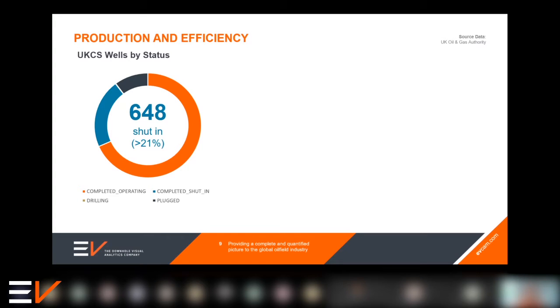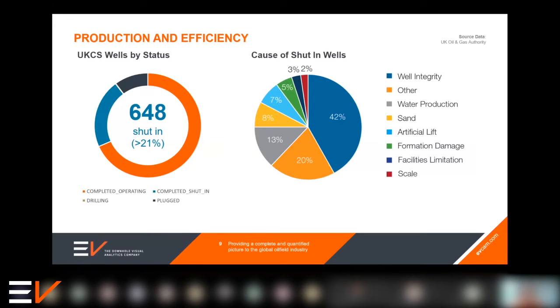But when the Oil and Gas Authority looked at the causes of most of these shut-ins, they actually found some pretty good news. Other than a few limited factors like formation damage and facilities limitation, close to 95% were for issues that we could potentially address.